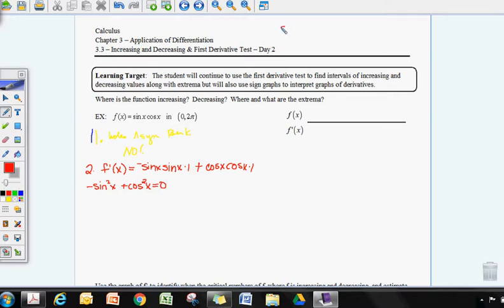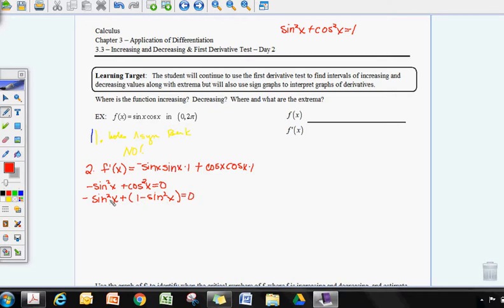So way up here at the top, do you guys remember that sine squared plus cosine squared equals 1? So I'm using that. You can pick either sine or cosine. I'm picking cosine just because. So my negative sine squared of x is going to now be added to 1 minus sine squared of x. And that's going to still equal 0.